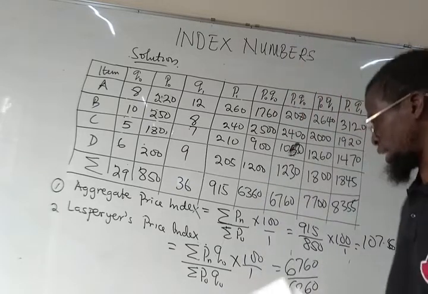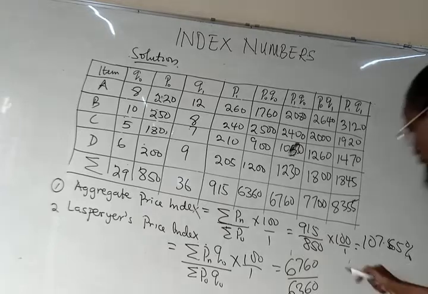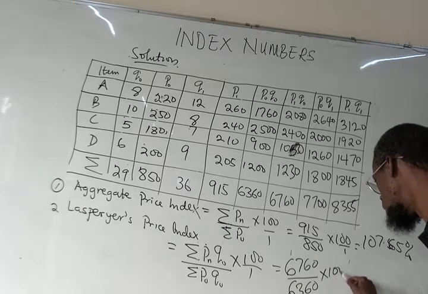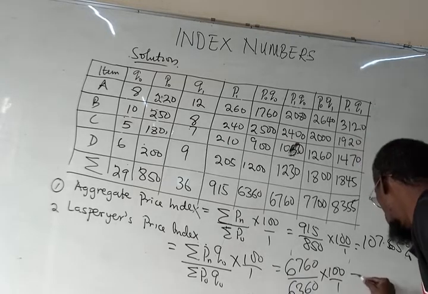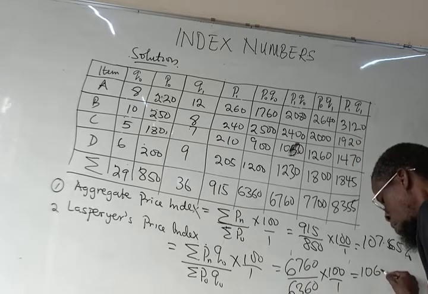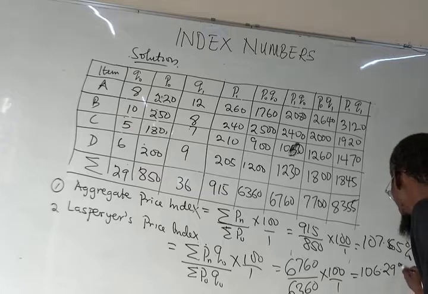I hope the question is clear. So, and here times 100 over 1. So if you look at that, you will see that what we have there is 106.29%.